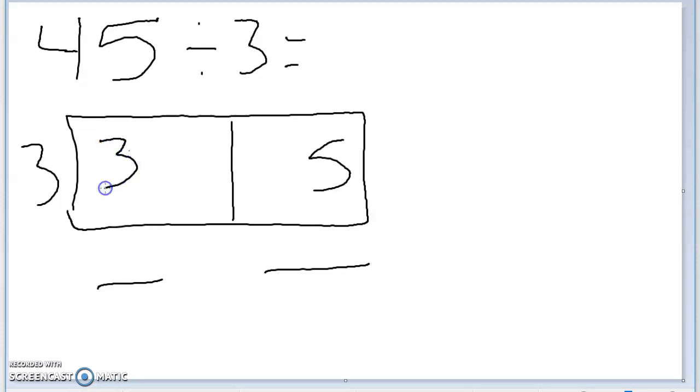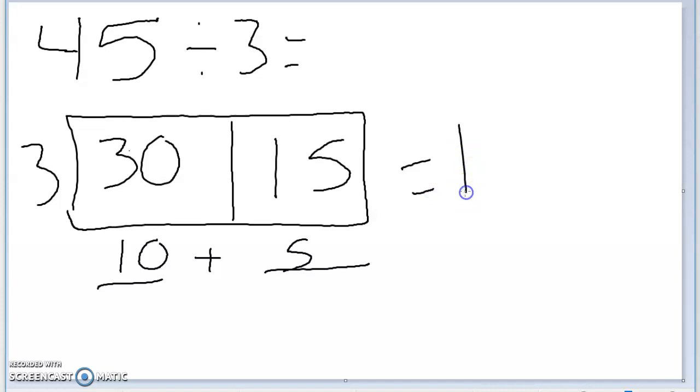So we put 30 right here. What would be left over here? 15. Both those numbers divide by 3. So you get 10, you get 5, add them up, and you get 15. Remember, if you want to double check your answer, you can multiply the 15 by the 3, which still equals 45, which means you got it correct.